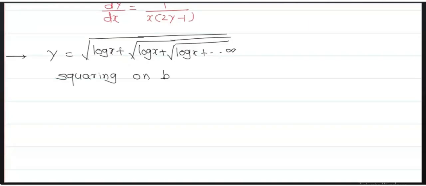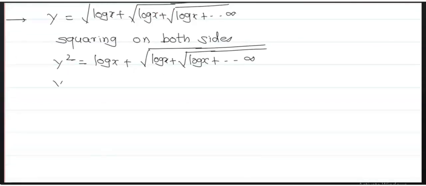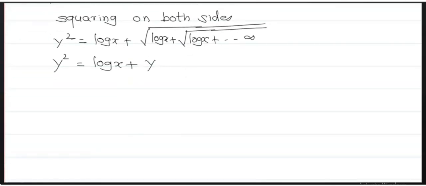Squaring on both sides, therefore y square is equal to log x plus root of log x plus root of log x up to infinity. That is y square is equal to log x plus y. Now differentiate this with respect to x. Derivative of y square is 2y into dy by dx.